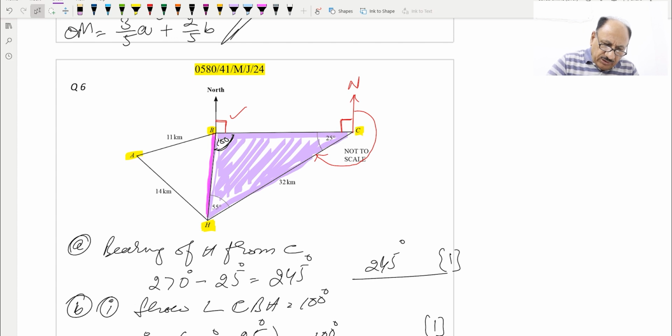Calculate the bearing of A from B will be which one? So the angle from here till this one. Two angles we have, this one as 90 and the other angle, this one we have as 100. So we need to find this angle. All three sides of triangle ABH we have.